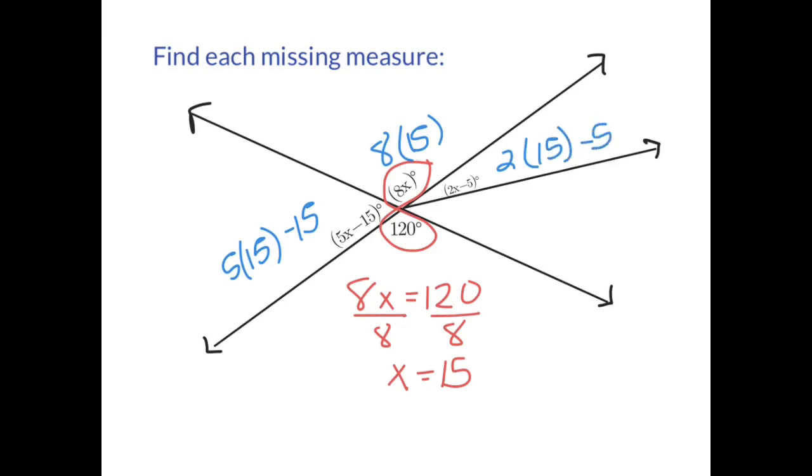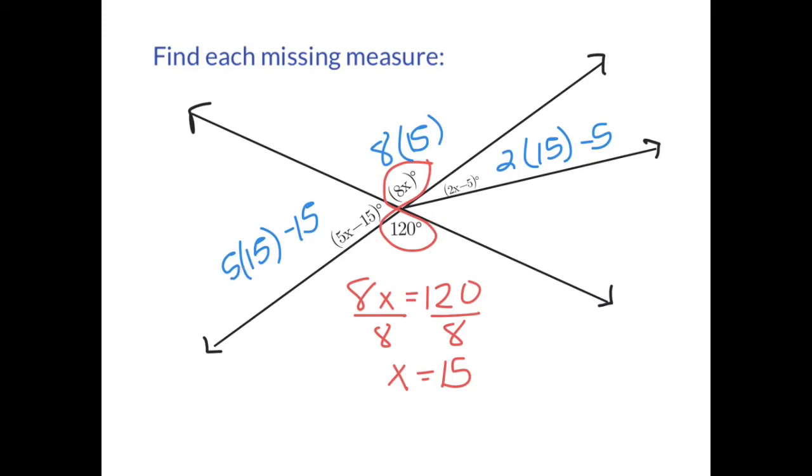I'm going to want to make sure that everything is working out: what needs to be congruent should be congruent. What needs to be linear to add to 180 should be linear. And we will also have to find the measure of this angle over here also, though it's not labeled. We want to make sure it is technically missing. We want to make sure we find that. So let's go ahead and do these little calculations.